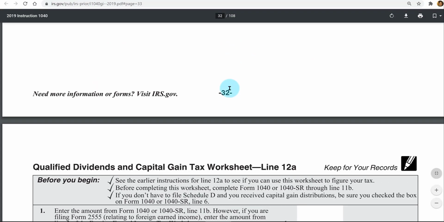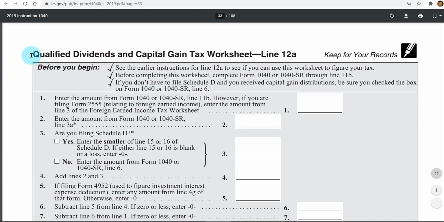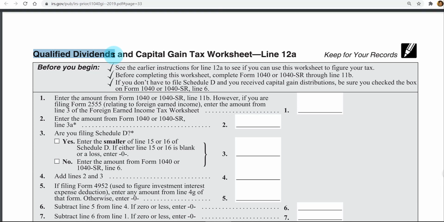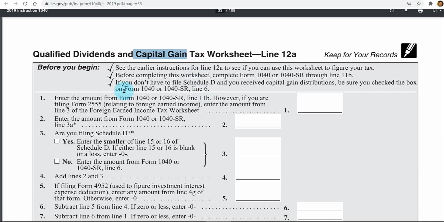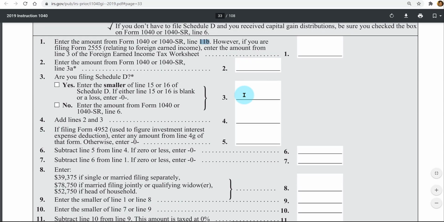On page 33, qualified dividend. Again, that's what we're working with here, and capital gains, a topic we'll learn by the end of the semester. So here you can see this line 11b. This is your taxable income from the 1040 form, and we're going to back it out.